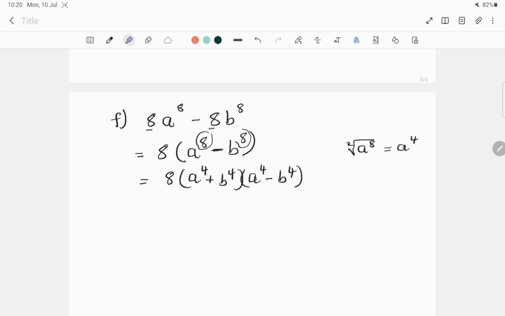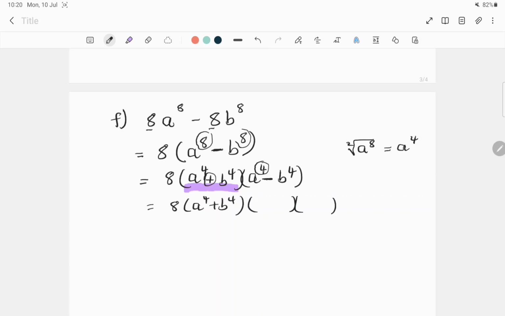Remember I said you are not going to factorize this because it has a plus. We only focus on difference, minus, as long as you can halve the exponents. So it's going to be 8, a^4 plus b^4. Then you open two brackets for this.